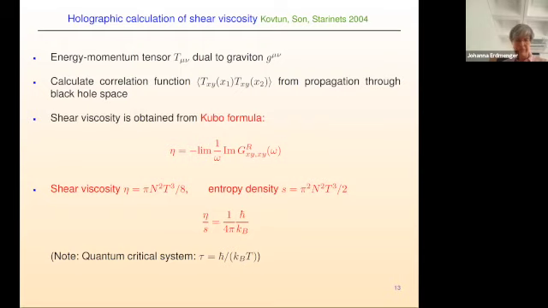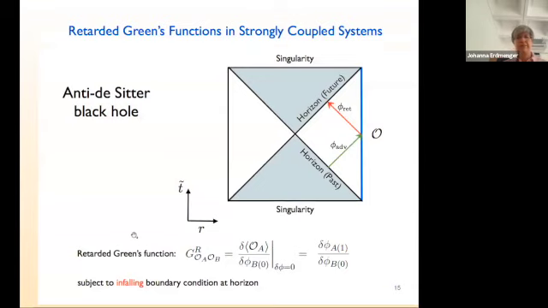So the statement is that we do exactly the same type of computation as for the quark-gluon plasma using the correspondence. So we calculate observables in the quantum field theory by using objects in the gravity theory. Okay, here it's slightly more technical details about how to calculate these retarded Green functions.